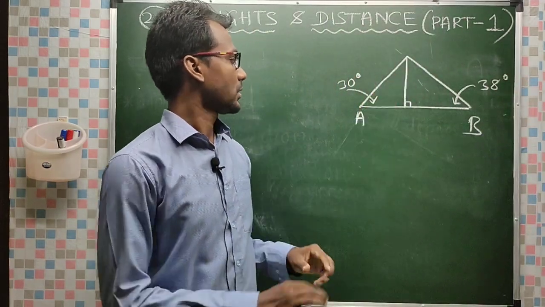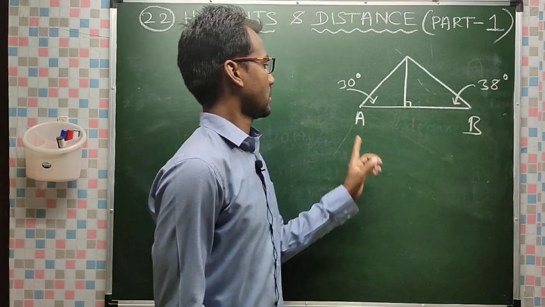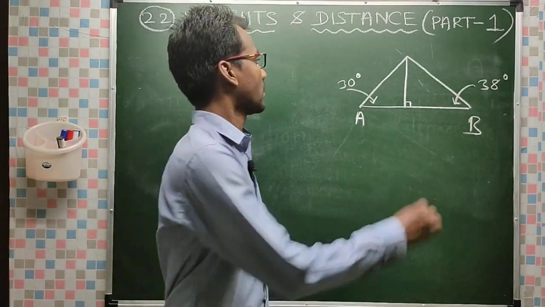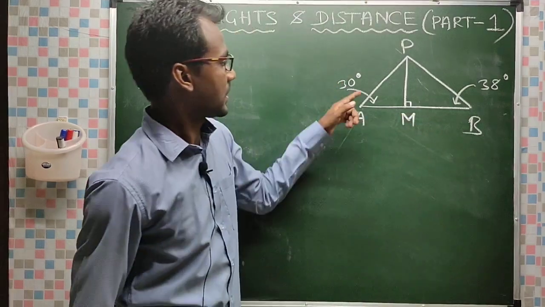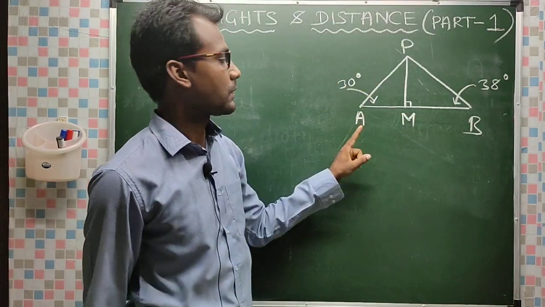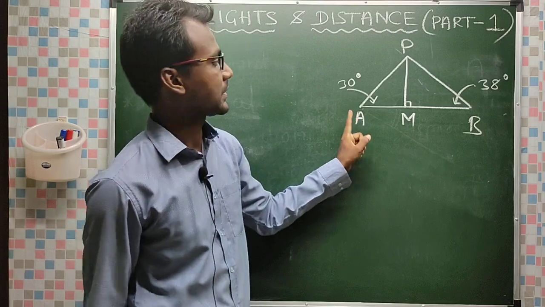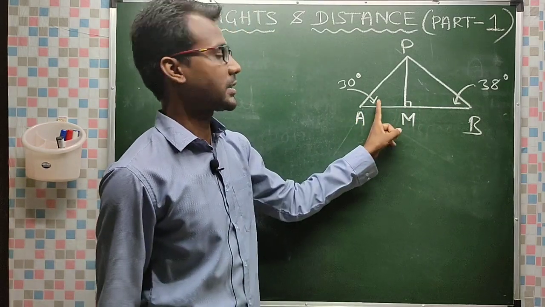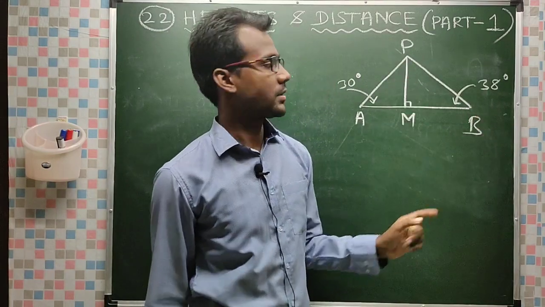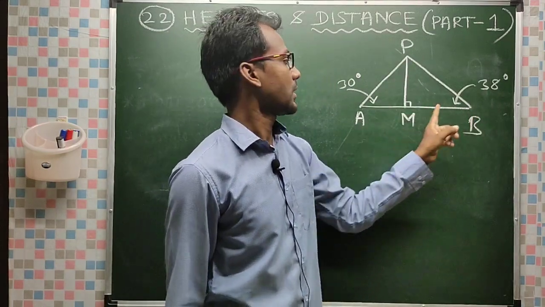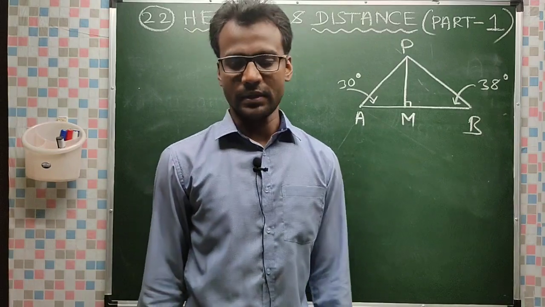A is looking up. This line AB is the horizontal. Suppose this is P and this is M. AP is the line of sight for the person standing at A. AB is the horizontal and this is the angle of elevation. For B, BP is the line of sight, BA is the horizontal and this angle 30 degrees is the angle of elevation.